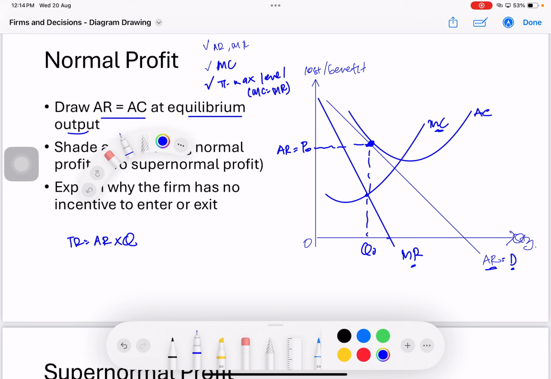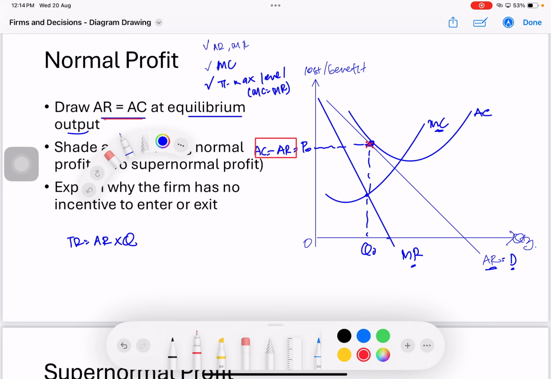So this is my AC curve. So because of that, AR equals to AC. Okay, but there are a few things that I want to mention. This is actually a normal profit, AR equals to AC, which is why at the start I already know that I need to show my AR equals to AC at this particular point. So this is the planning before I draw my AC curve.